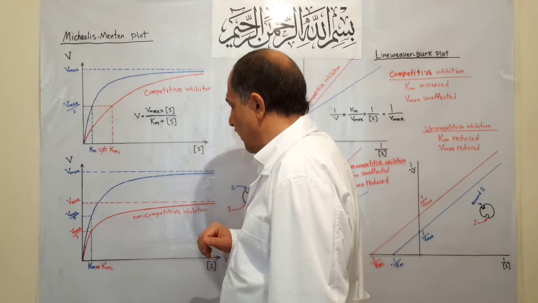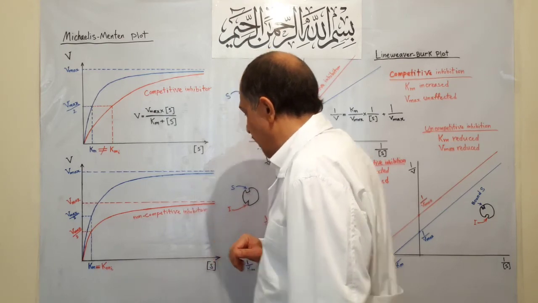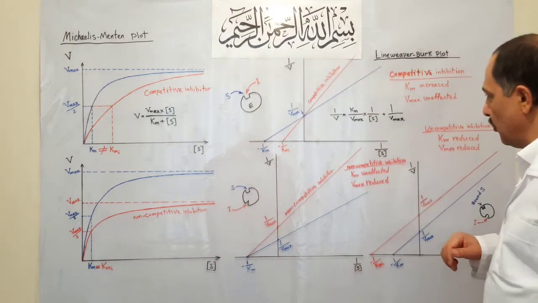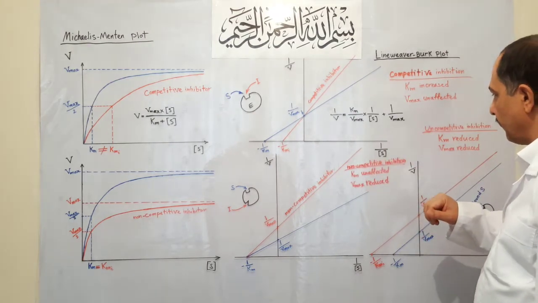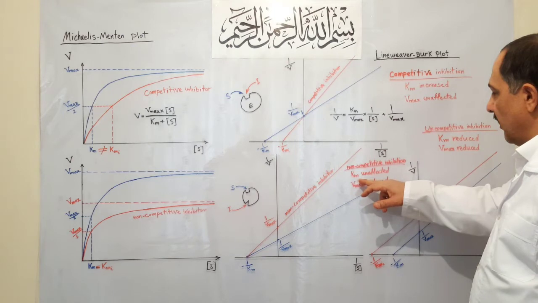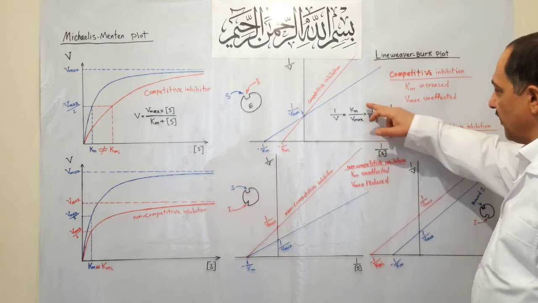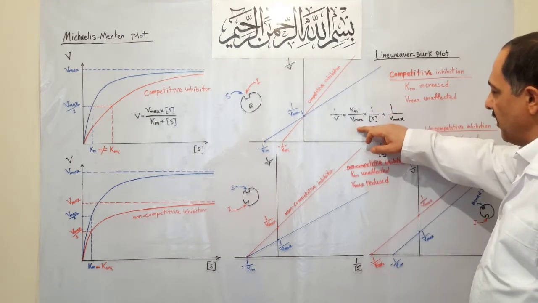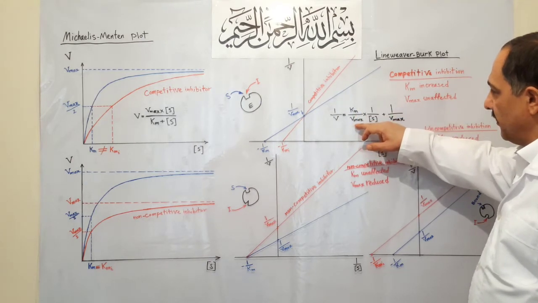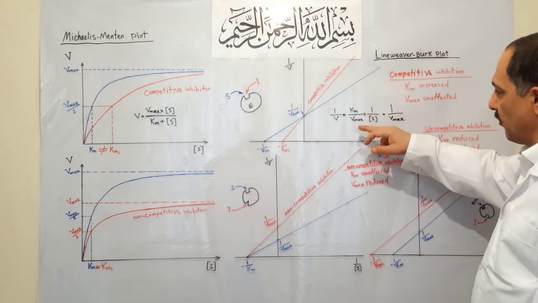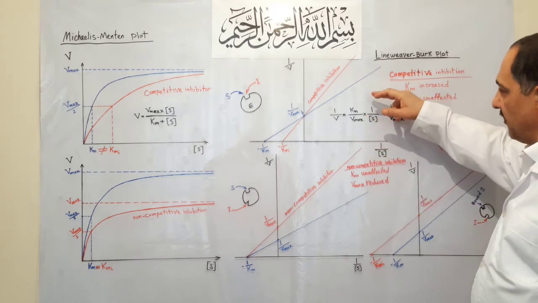Please pay attention to Lineweaver-Burk equation again. Km is unaffected here, but Vmax is reduced. So this ratio, namely Km divided by Vmax, is increased.